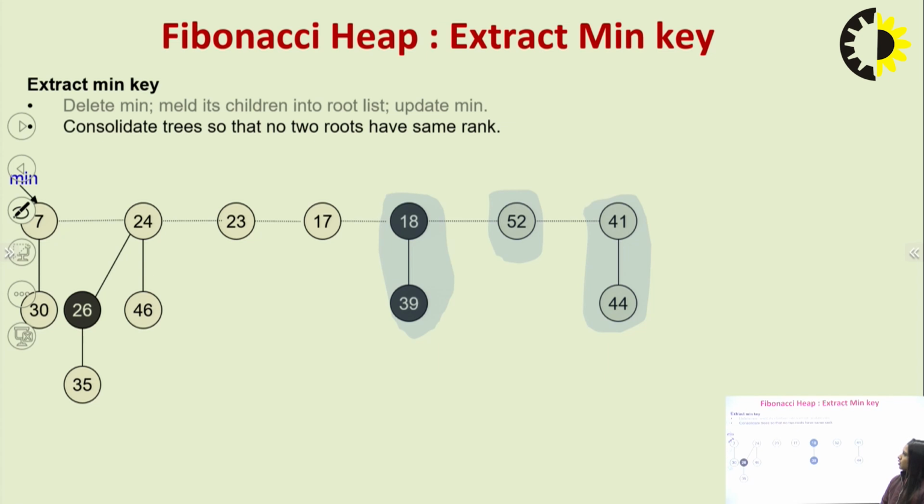Now what we need to do next is consolidate the trees so that no two roots have the same rank. In the extraction of the minimum key, we have to make sure of this point: no two roots have the same rank. How are we going to do this? Let us discuss.